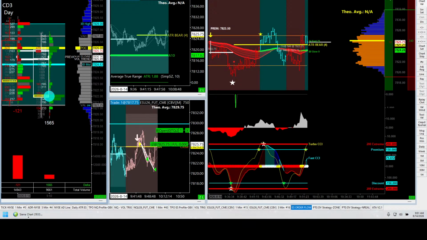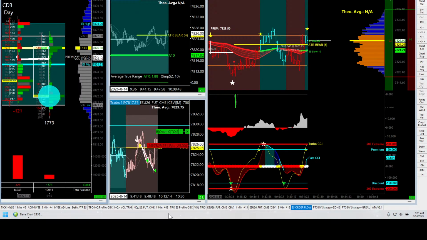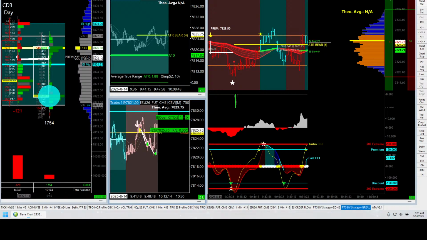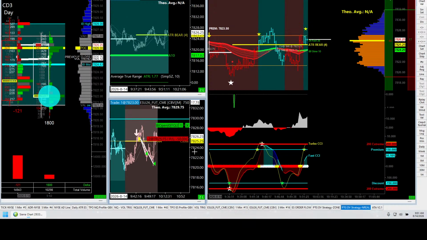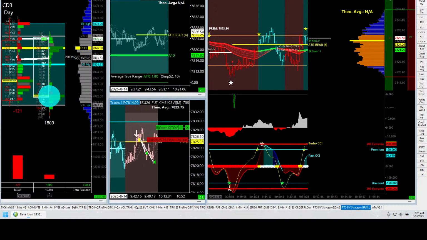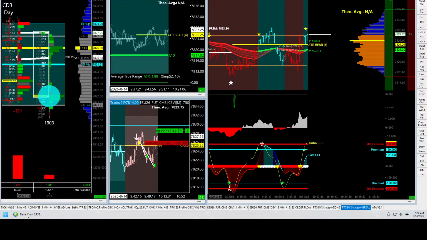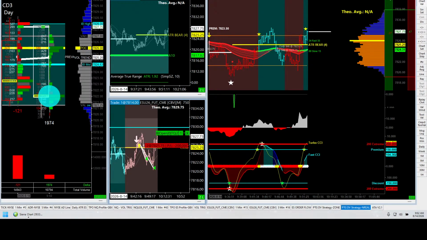So I don't have a position on except for the auto X here. I got 2 take profits out on the auto, but manually I don't have anything at the moment.